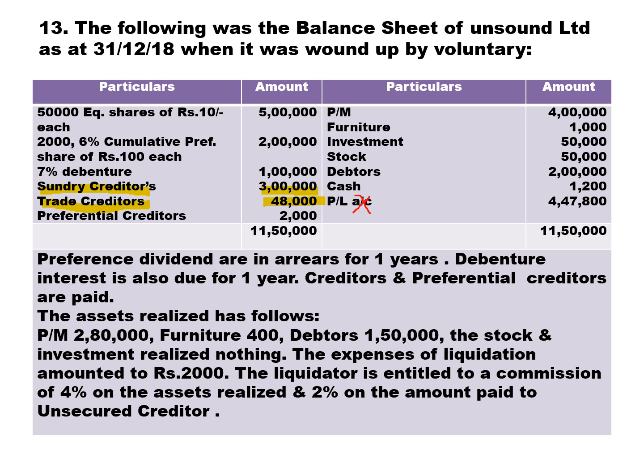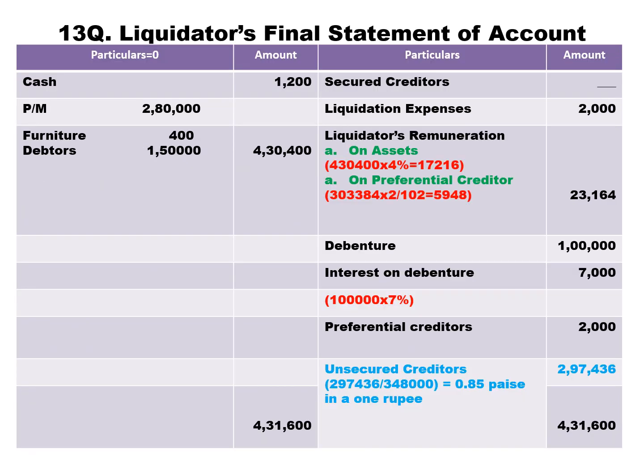Now let us look into the question, how this needs to be solved. Here is the answer that appears before you all. Cash 1,200 to be taken to the outer column. Reason: cash is a non-realizable asset, therefore to be ignored, in the sense to be ignored for calculating remuneration.